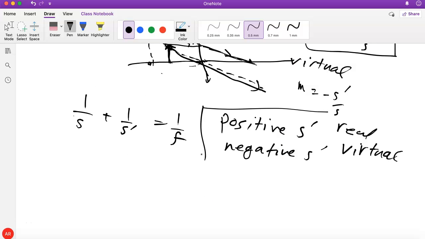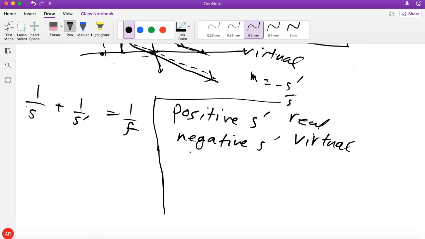So to summarize what we found, we just add something else to this table of signs. We already argued that a positive s prime implies a real image, and negative s prime implies a virtual image. S, we always take it to be positive.